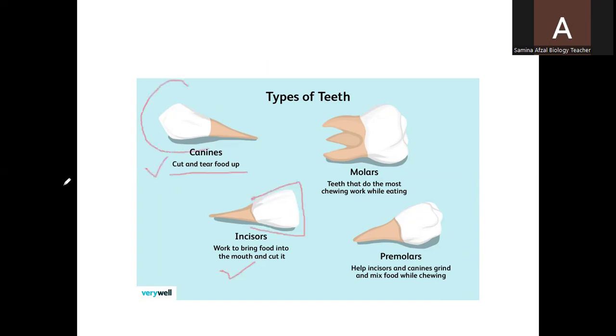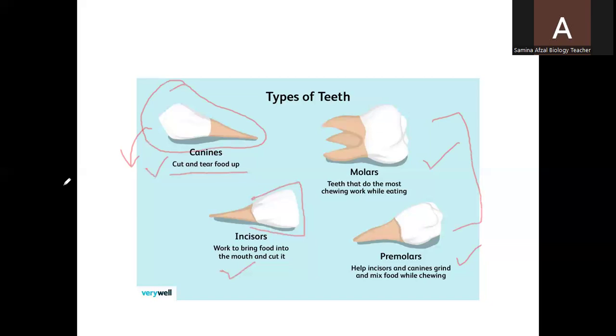Canines are very sharp in carnivorous animals because they depend on raw meat. The third type of teeth are premolars and molars. The function of premolars and molars is grinding and crushing the food.